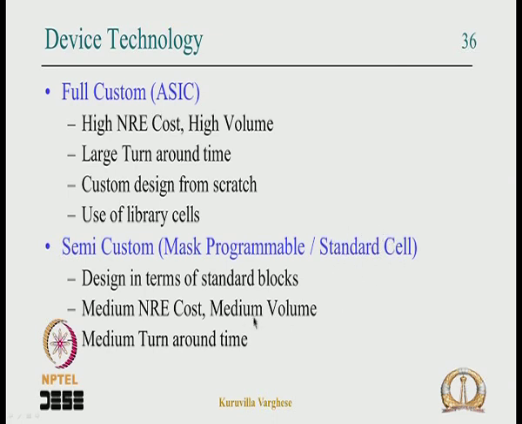So it is quick: when you send out the interconnection of the standard cells or the array of gates, it is quickly interconnected at the foundry. This works for medium volume, with medium NRE cost and medium turnaround time.